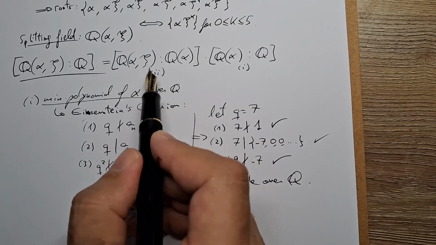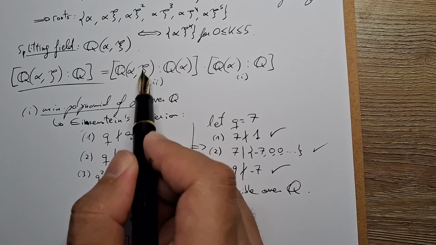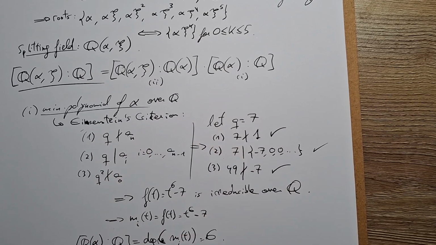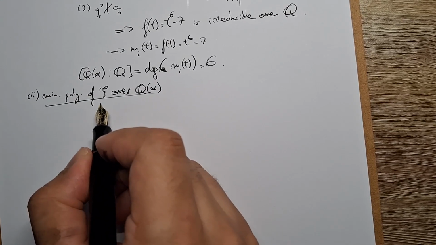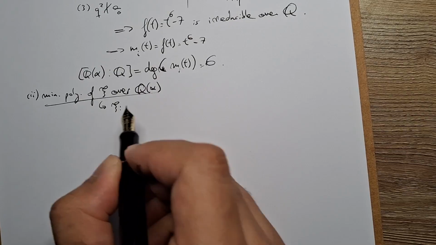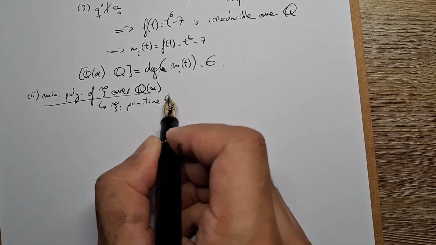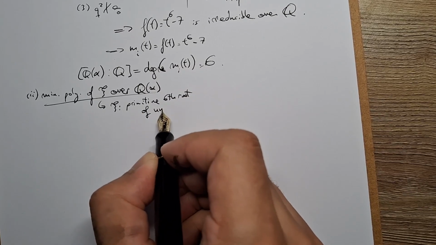Since we are here, this is the base field, and then we adjoin theta. So we want to find the minimal polynomial of this theta over the base field. There is a trick here, which is that we know that theta is the primitive 6th root of unity.